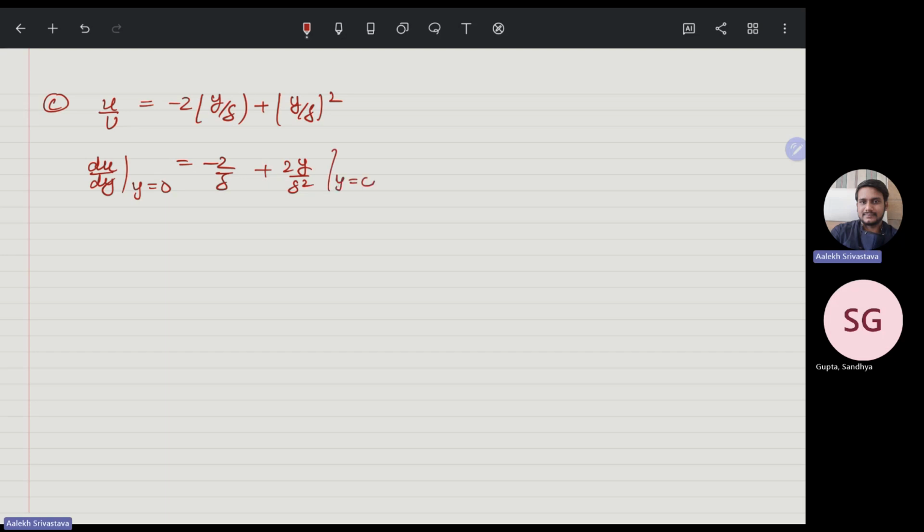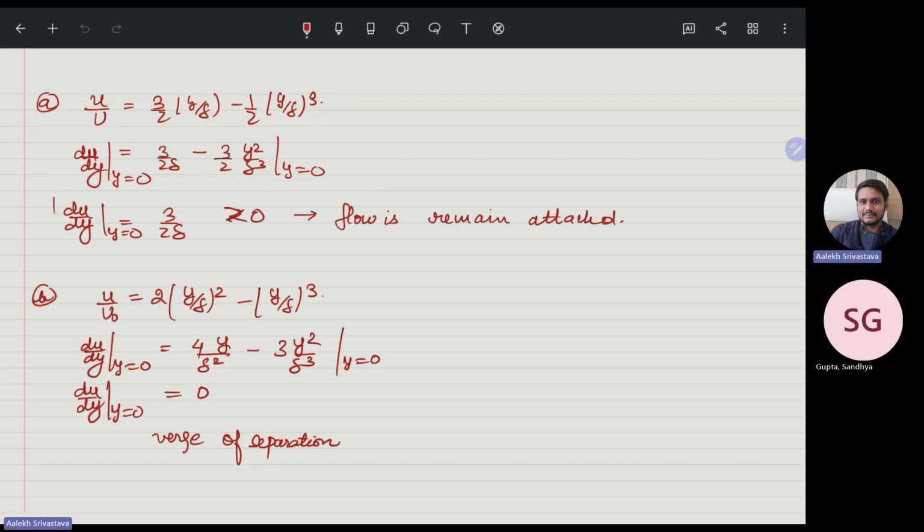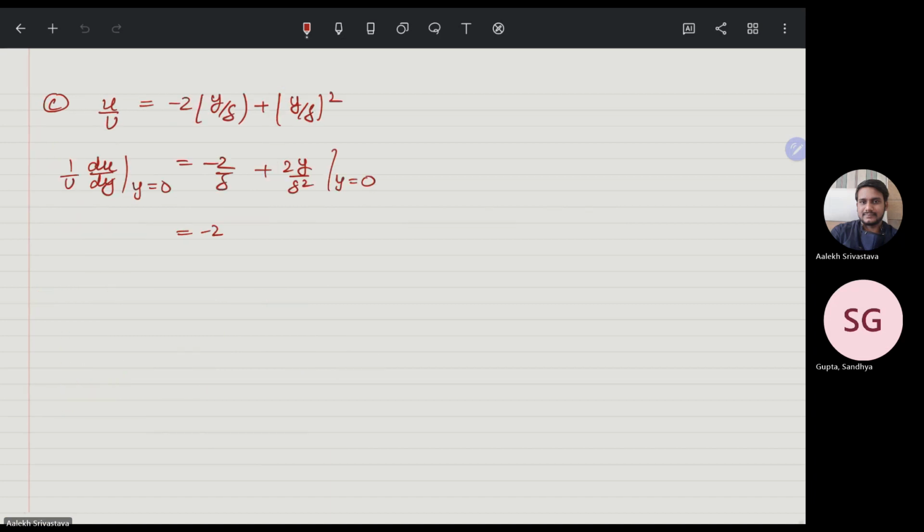If you put y equal to 0, you will get minus 2 by delta into u0. This du by dy at y equal to 0 is less than 0, therefore the flow is separated and not attached to the body.